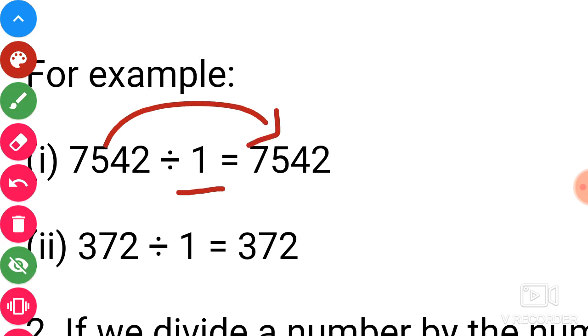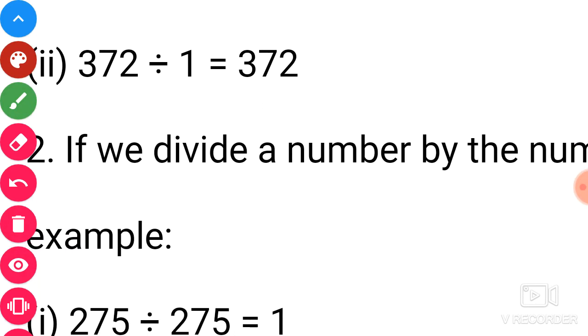Now again, the next, 372. So whenever we will divide 372 by 1, we will get the answer as the number itself.